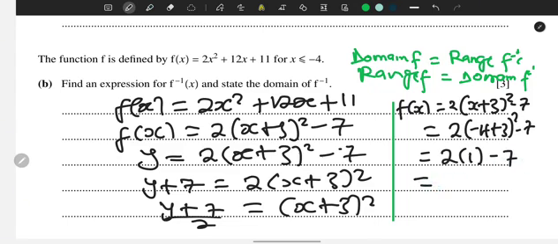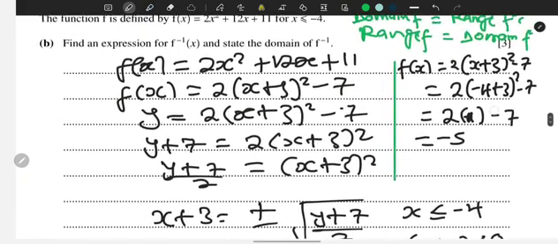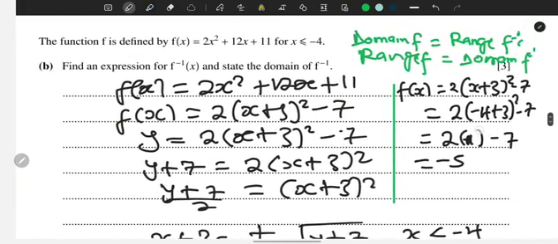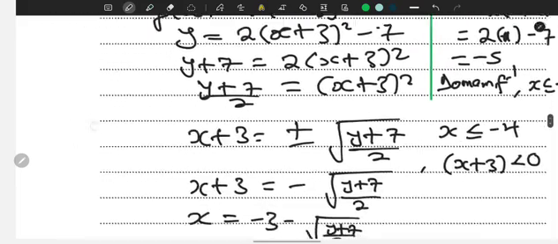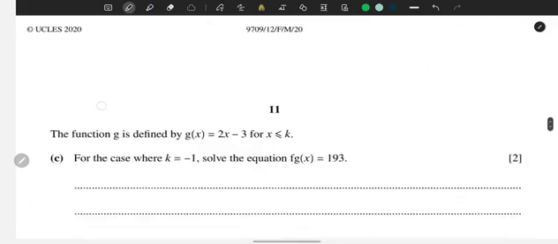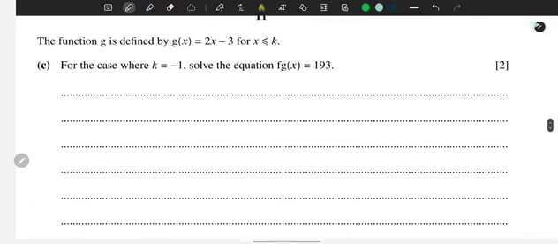Is that not minus 5? I don't want us to make a mistake. Minus 4 plus 3 is minus 1, minus 1 squared is 1, so this is minus 5. So that is the range of f, which is equivalent to the domain of f inverse. So the domain of f inverse is x less than or equal to minus 5.